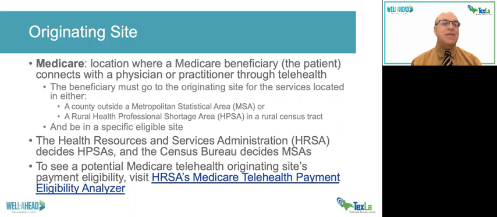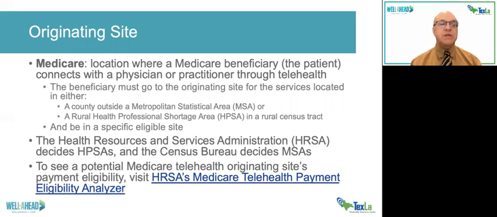And they divided that up between whether a county was outside a metropolitan statistical area, MSA they call it, or if they were at a rural health professional shortage area, that's an HPSA. And basically this was in a rural area. And a patient had to be in a specifically eligible site for any of these services to be covered.